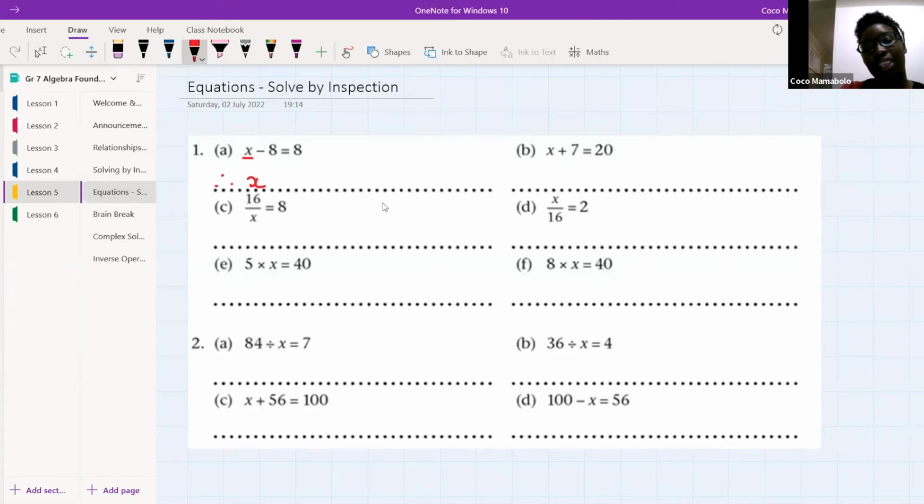Ooh, 0 minus 8 will give us negative 8, not positive 8. Think about it again. X must be equal to, just feel it out. And if you're not feeling it out, check the chat. The chat is always very helpful.